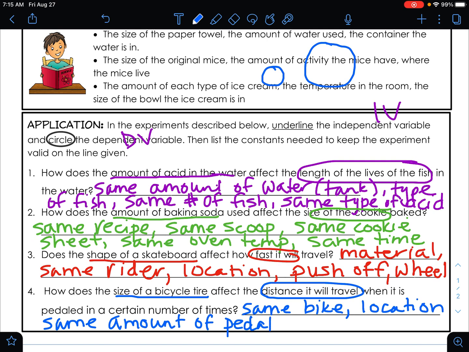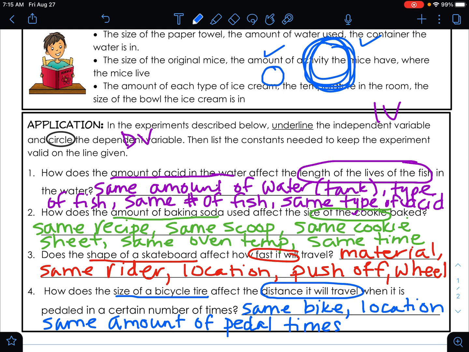Okay, so if you are going to say, all right, I want you to pedal 5 times. 1, 2, 3, 4, 5. Stop. And let's measure that distance with this tire. And then 1, 2, 3, 4, 5 with this one. And measure the distance with that larger tire. So that's what I mean by the same amount of pedal times.